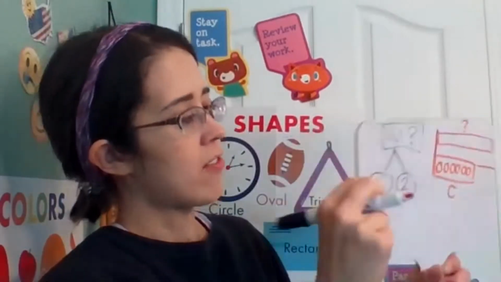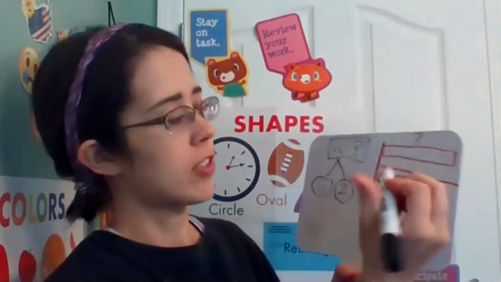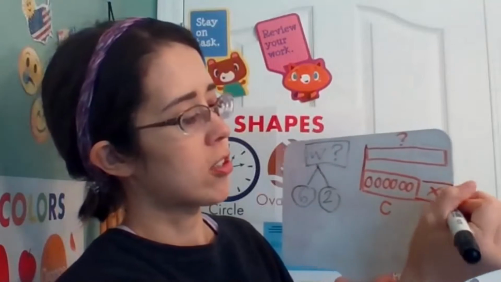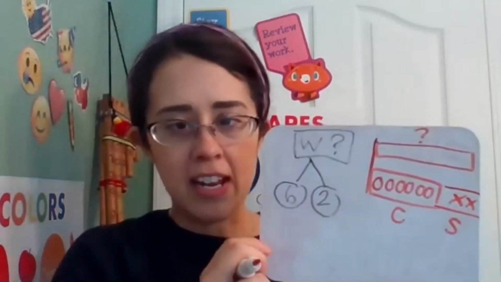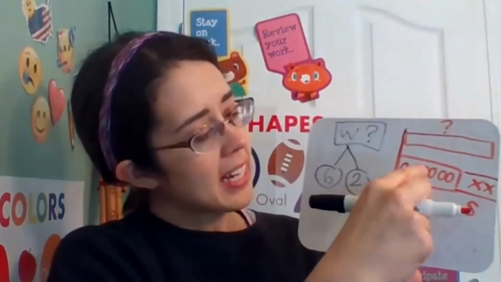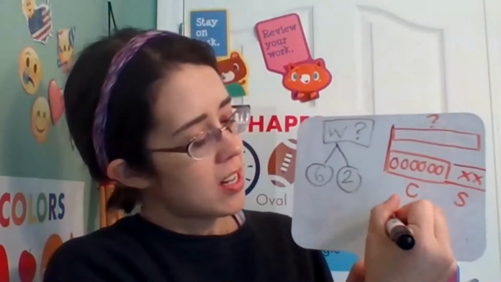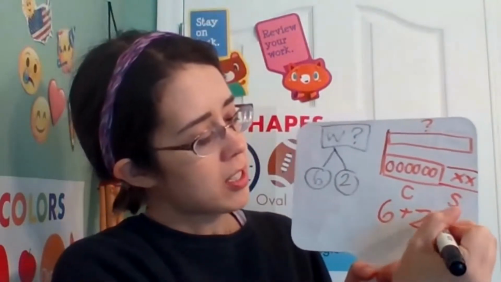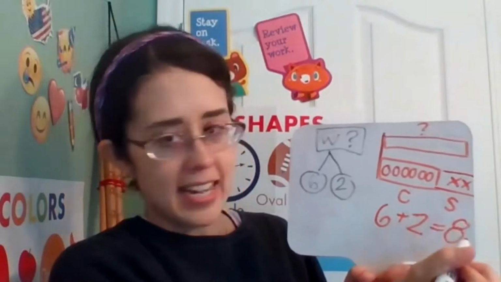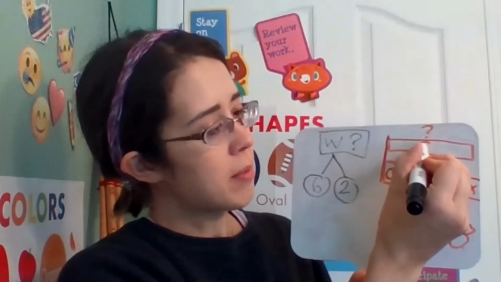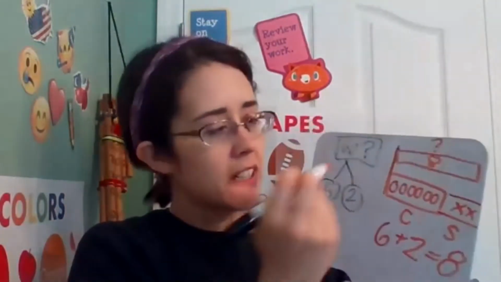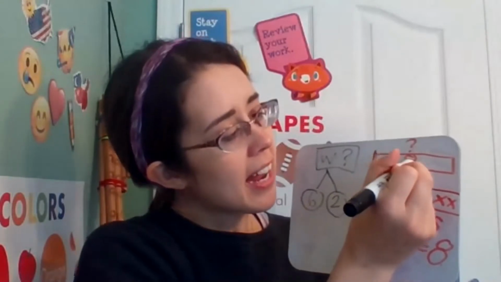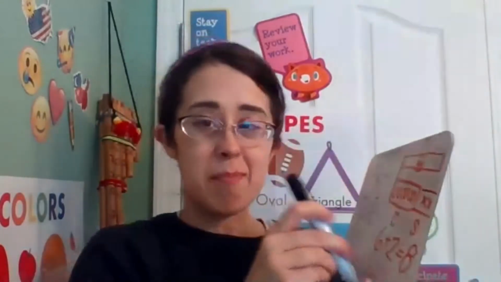And then when I have 2 servers, I will draw 2 X's and label it with an S. And I can use addition. 6 plus 2 equals 8. So the answer for how many workers, the workers are 8. Let's try to make that number a bit clearer.